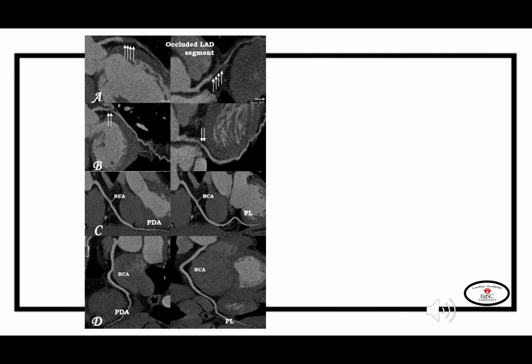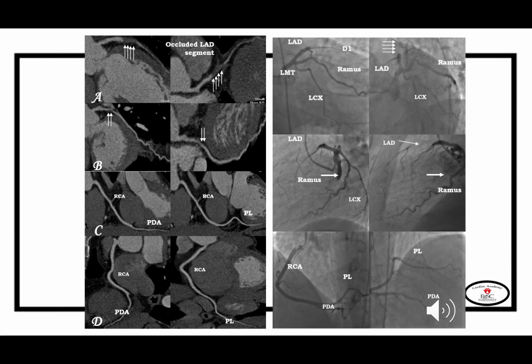We can evaluate the occluded segment properly as regards its length, the presence of tortuosity or calcification. We can also see a significant lesion in the proximal part of the left circumflex, and we can see from evaluation of the right coronary artery that there is no significant stenosis in this artery. This has been confirmed with the conventional coronary angiogram of this patient.